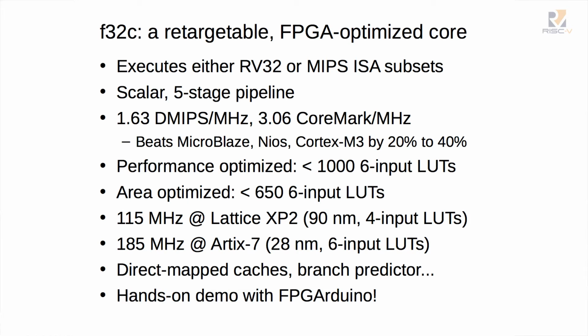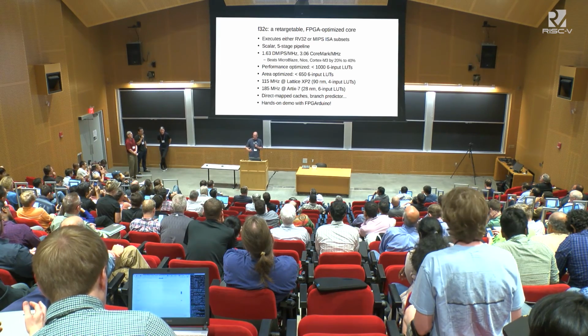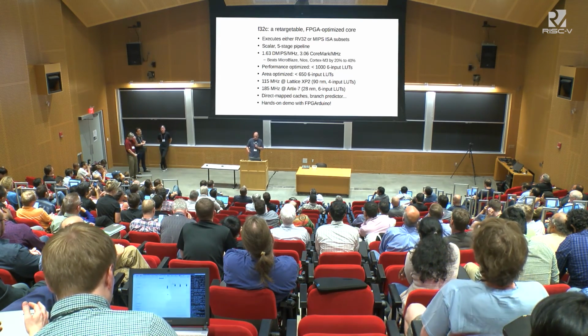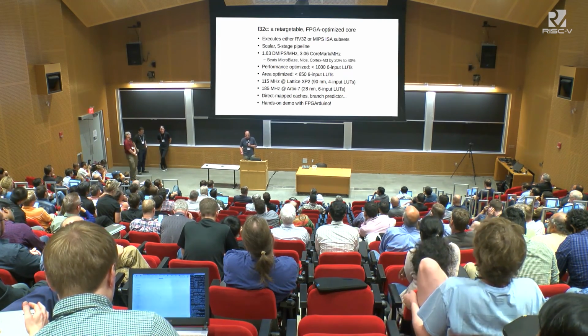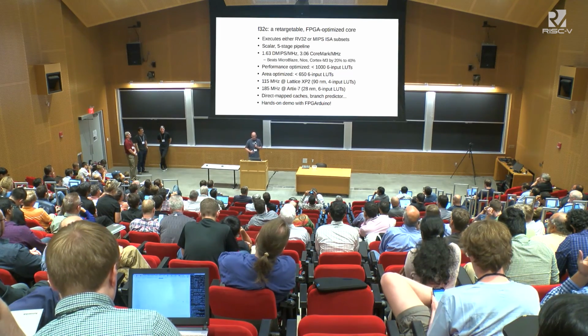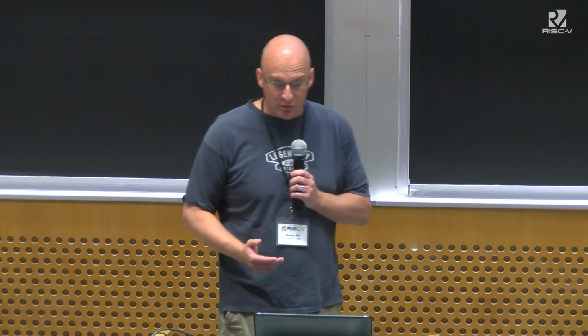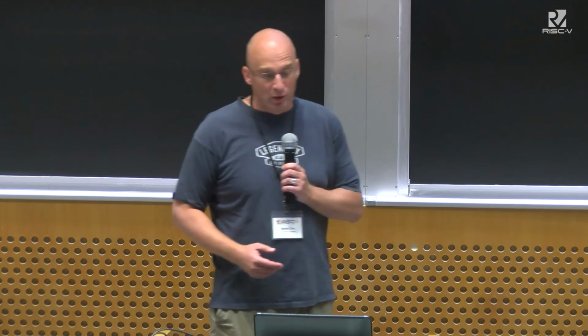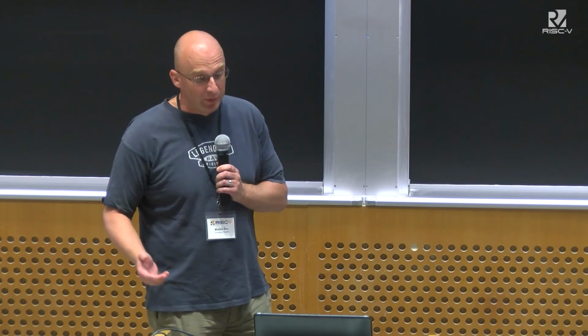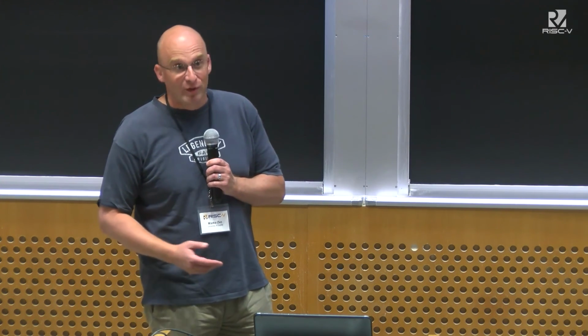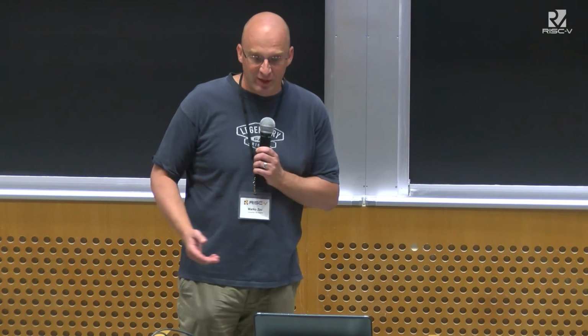RISC-V synthetic benchmark figures are much lower. If you are interested in hearing why that is and which techniques have been applied to achieve a balance between high instruction throughput and quite low lookup table utilization, well, please stop by and have a chat.